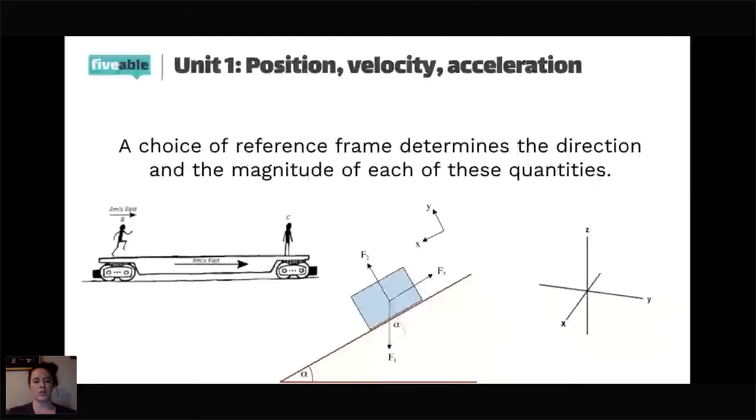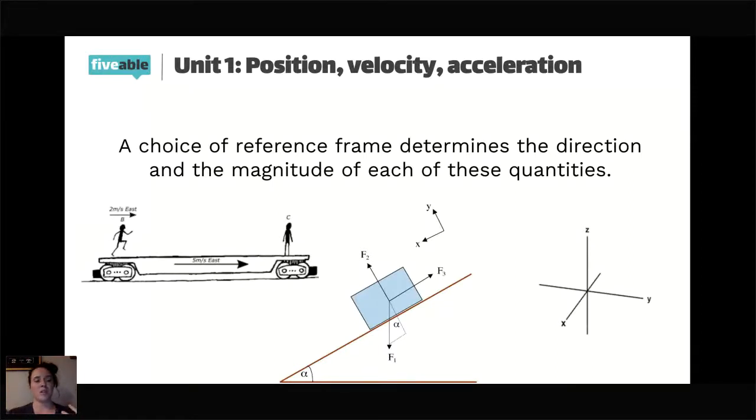So there's a couple of situations where we're not going to use the typical XY coordinate system that we're used to using. So you're probably familiar with the block sliding down the ramp, and how it makes it a lot easier to take your XY axes and rotate them to be along the ramp, right? So that's you choosing your reference frame to decide the direction and magnitude.